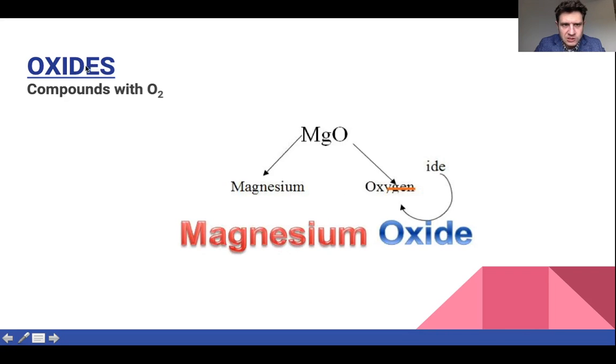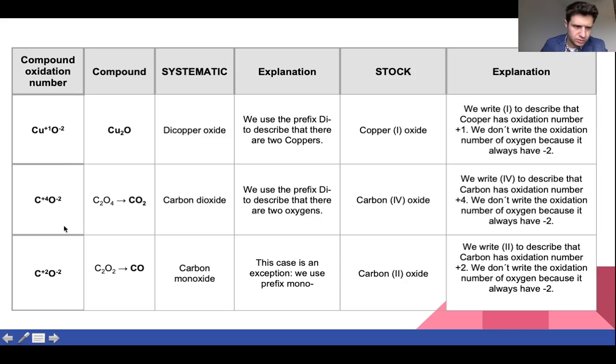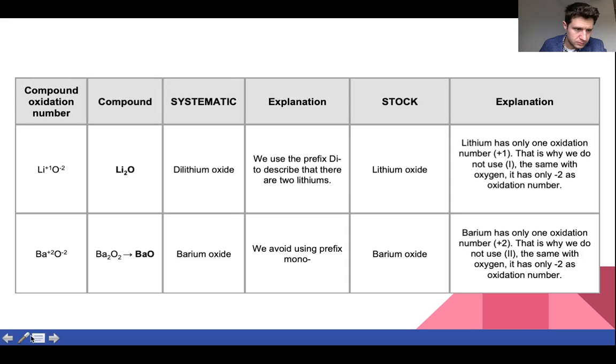Okay, for the oxides, we're going to change the end of the word. Instead of -gen, we use -ide. Okay, these two examples. Lithium has only one oxidation number, +1, and oxygen -2.